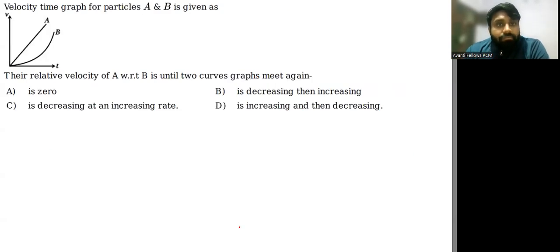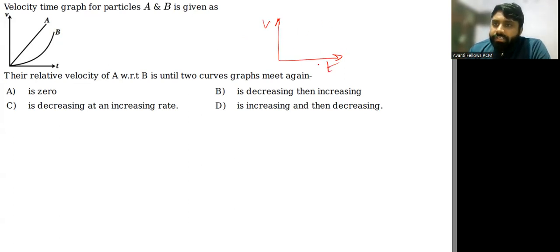The velocity time graph for particles A and B is given. The relative velocity of A with respect to B, until the two curves meet again, is: first option is 0, second is decreasing then increasing, C is decreasing at an increasing rate, and D is increasing then decreasing. Now, this is the VT curve given to us.